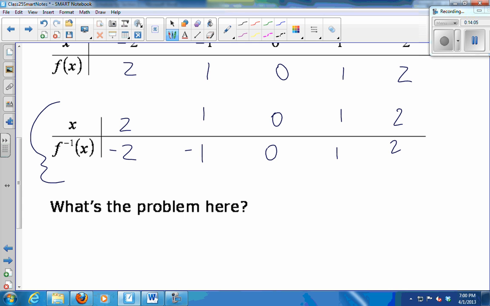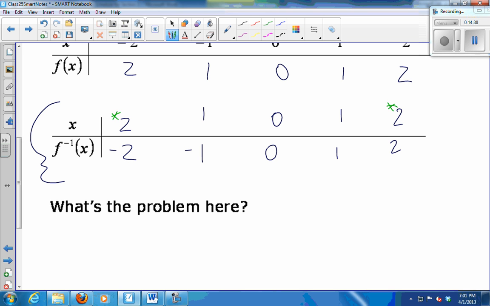There's a different problem. Okay, so in my x row here, I have a 2 written down twice, right here and right here. What's the problem with that?